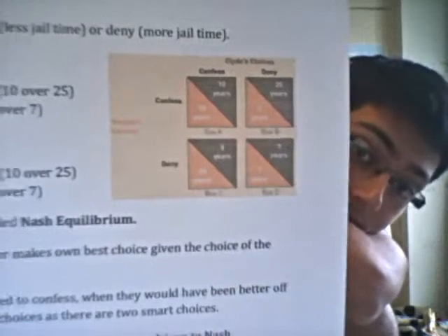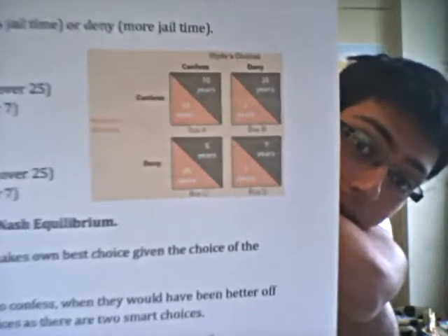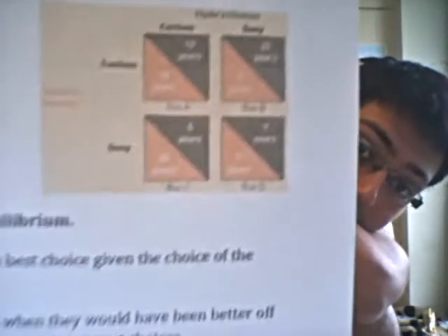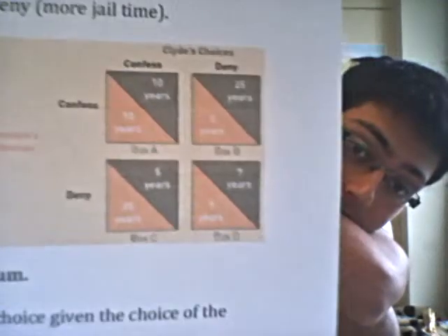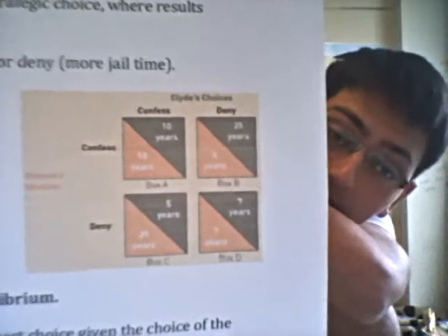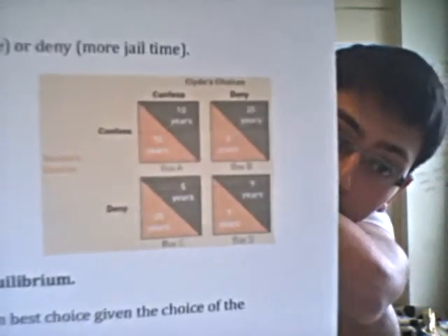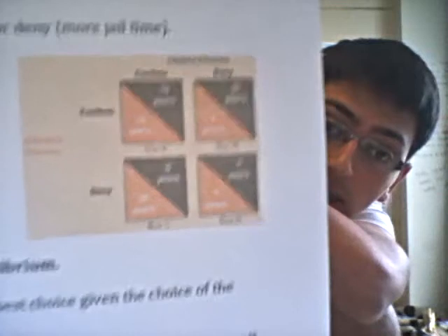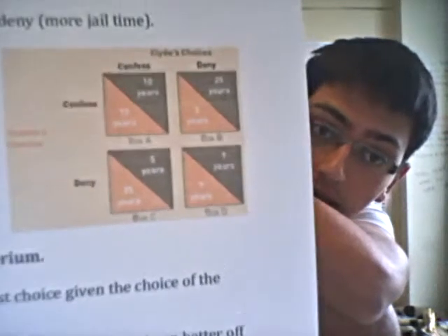So what happens is the detective sets up the reward system in this way. If Clyde confesses, then Bonnie's best choice is to confess.